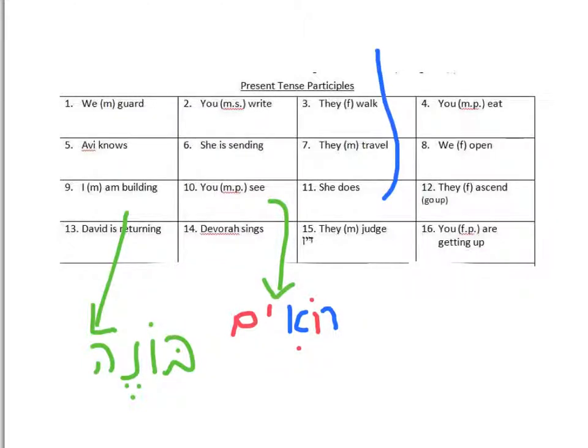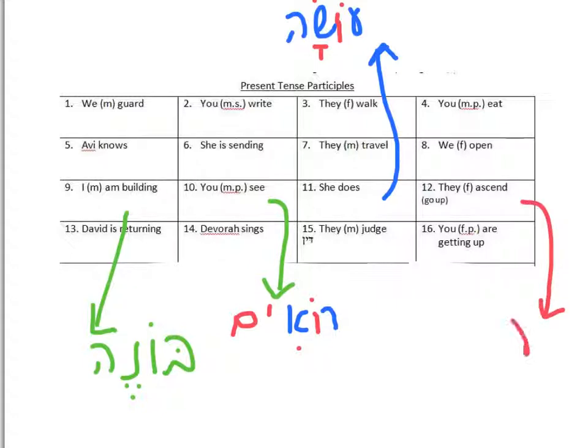Okay, she does. So I have ayin, sin, hey. It's a participle, so it gets that o in the middle, right? And then it's she does. So I don't get that at or et suffix. Instead, I get the kamatz hey, osa. Okay, osa. They ascend, feminine plural.